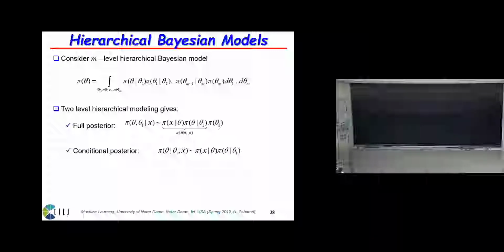The other thing that we already have done up to now is when we calculate the posterior, we actually condition on theta 1, right? So for example, when we did the coin example, and we said there is a prior on theta that depends on parameters alpha and beta, we assumed we knew alpha and beta.